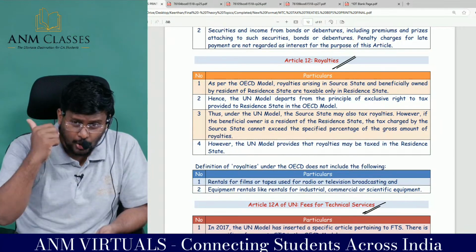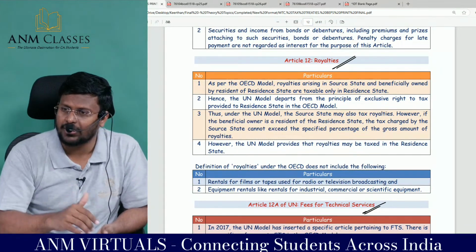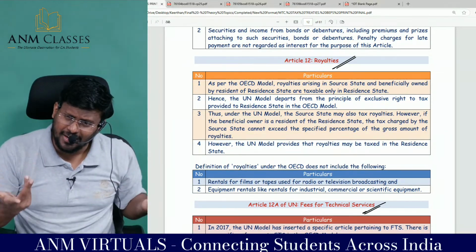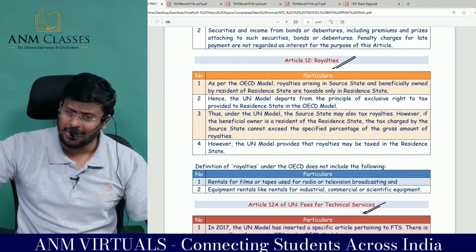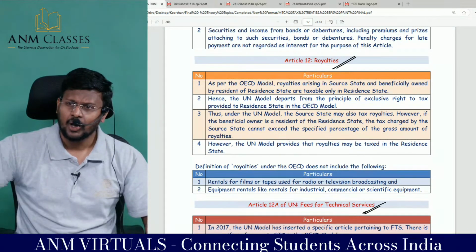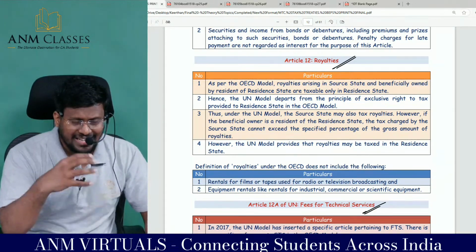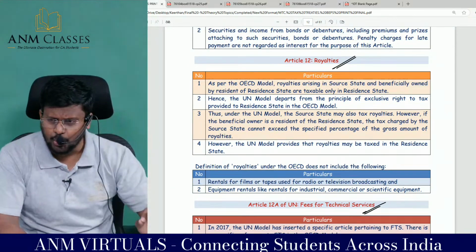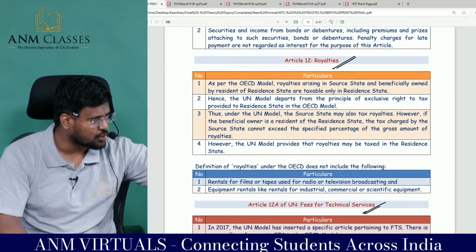Because in order to do a business, you should have a permanent establishment. But in order to get the interest, why do you need a permanent establishment? Just pump the capital from outside India to India, and Indian people are paying IFRS. So from where are you getting revenue? India. Pay the tax to the government of India.